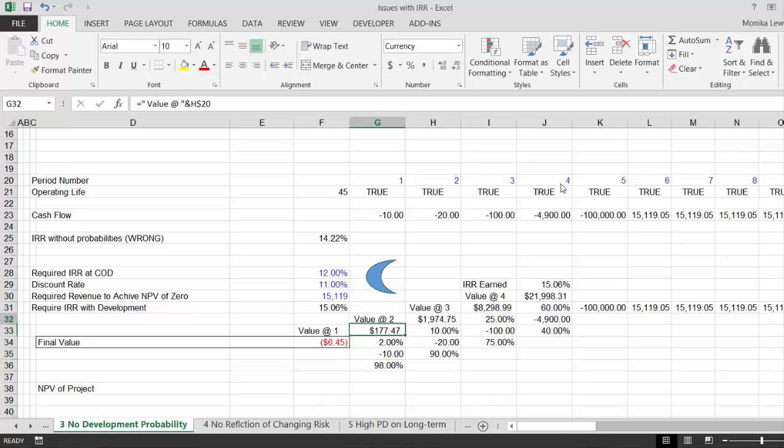Now, when we take these values here, I'm trying to think of a way to do this. Okay, let's just think about this a little more.